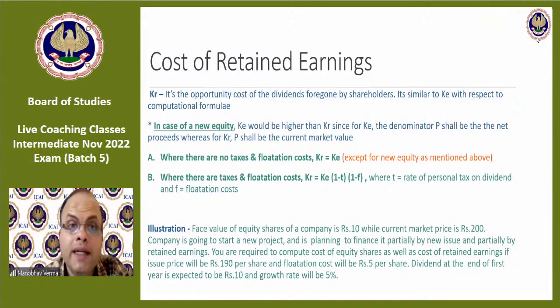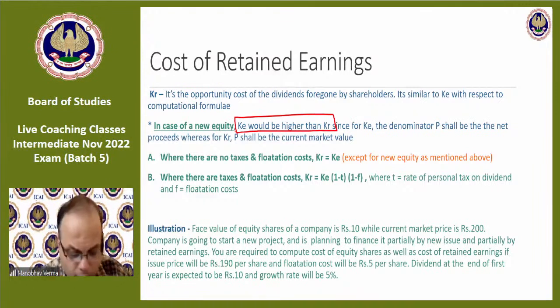Because the denominator is lesser due to the net proceeds, the cost of equity would be higher than the cost of retained earnings in that regard. Otherwise, as a general rule, we will say that yes, cost of retained earnings is equal to cost of equity. So we talk about the same methods.